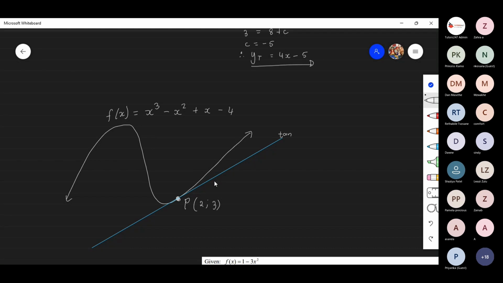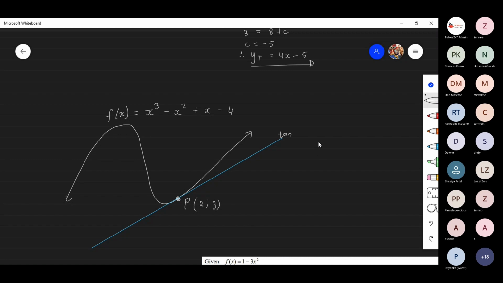OK, so if we want to find the gradient of this cubic function at point P, or if we want to find the equation of the tangent at point P, in order to get the gradient, because we only have one coordinate on the tangent, all we need to do is to derive the equation of the curve, to derive f.